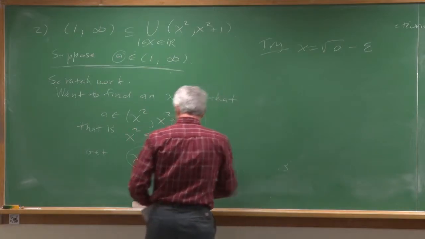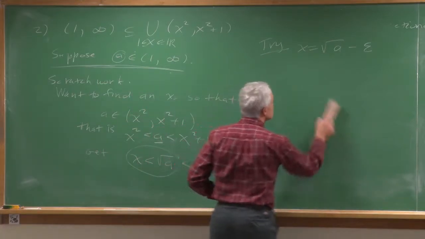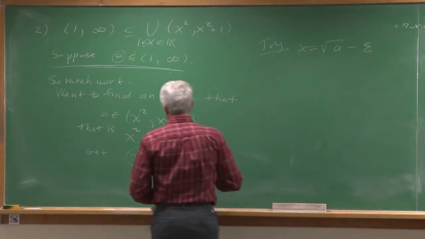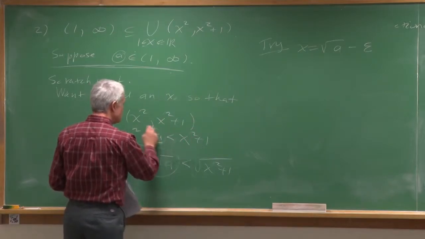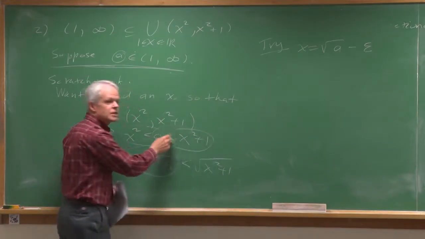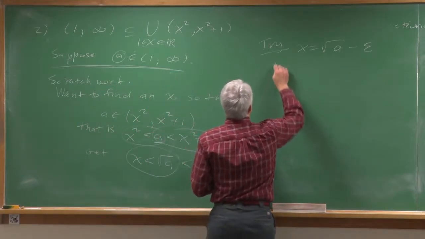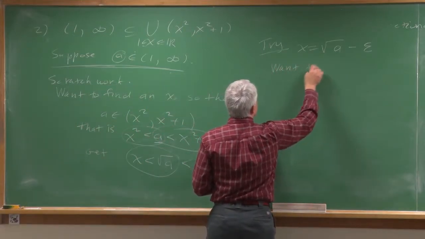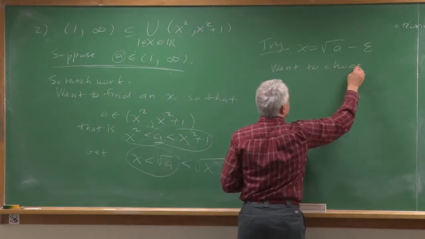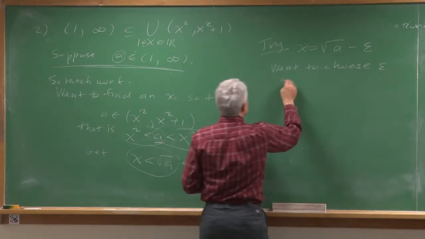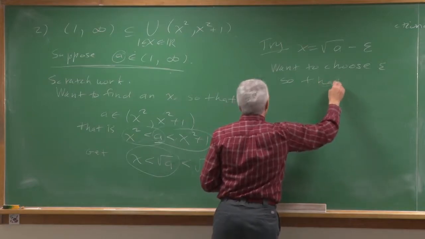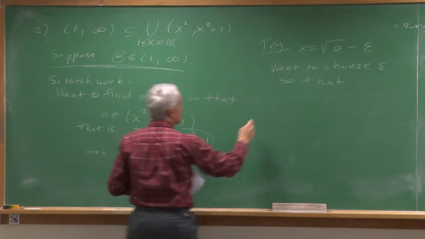Then we certainly will get this part that we want. We just now have to arrange to get this part, and we want to choose epsilon so that this works.